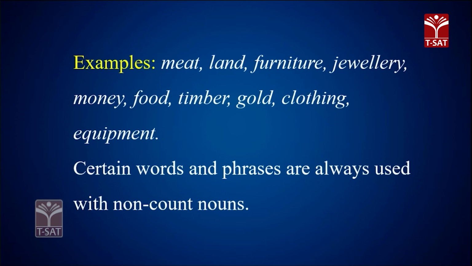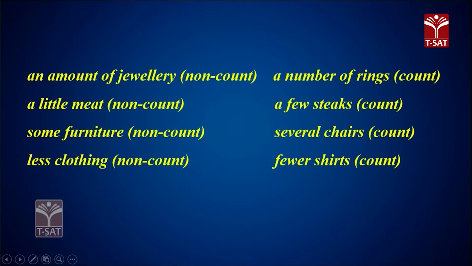Some words and phrases are always used with uncountable nouns. You can see some examples here for non-count or uncountable nouns and countable nouns. An amount of jewelry is non-count. A number of rings, countable noun. A little meat, uncountable.